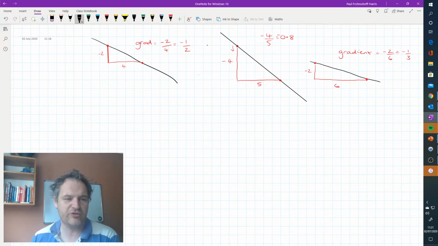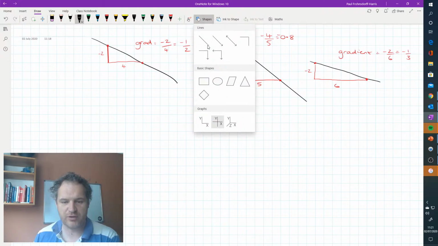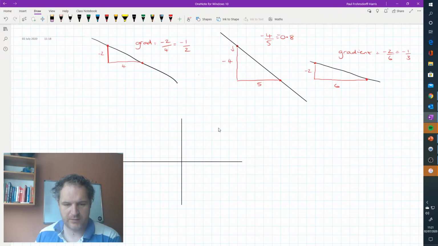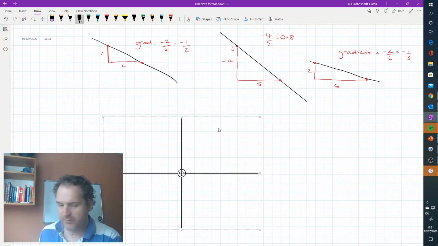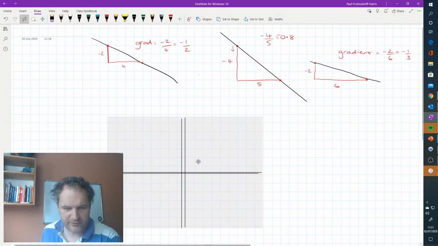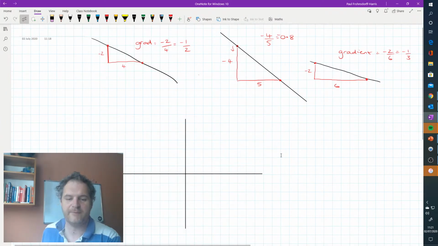Finally, how can we use this to describe a line on a graph? Well, if I quickly draw a graph like this and move it over so that it's on the line, because I don't like it when it's not on the line. There we go.